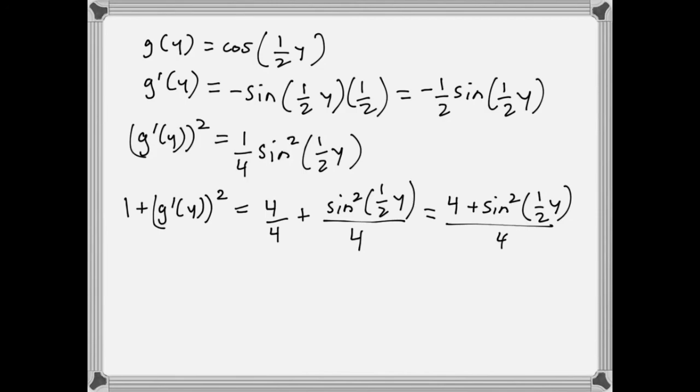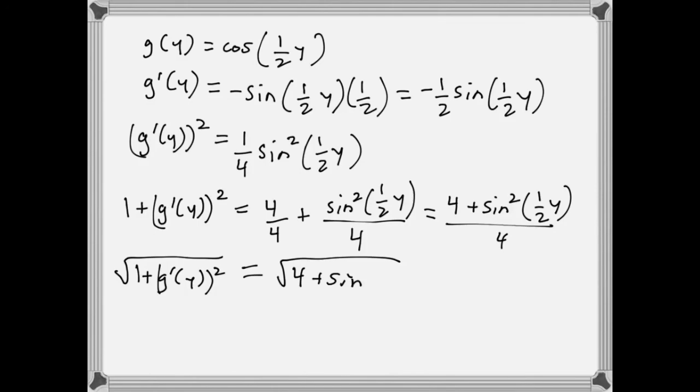So, is this thing a perfect square? It doesn't look like one to me. So what would the square root of that be? Square root of 1 plus g prime of y squared. I cannot take the square root of the top, so I'm going to write it as square root of 4 plus sine squared of 1/2 y. But I can take the square root of the bottom, it's just 2.